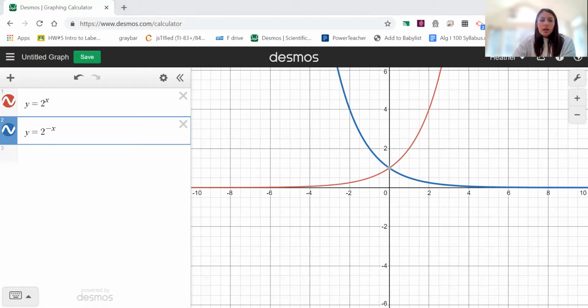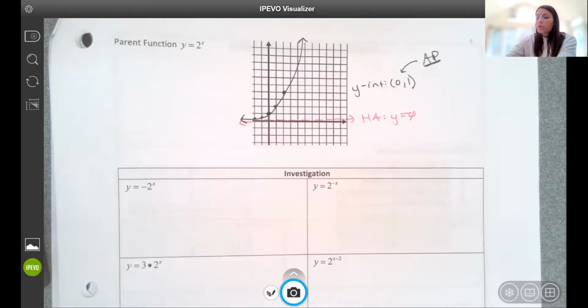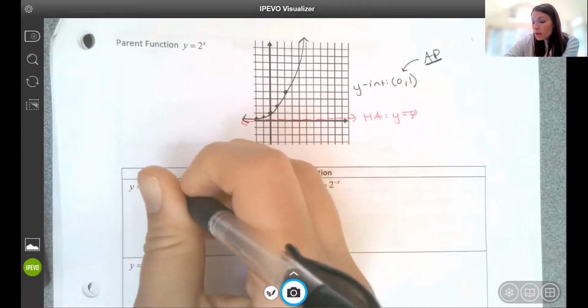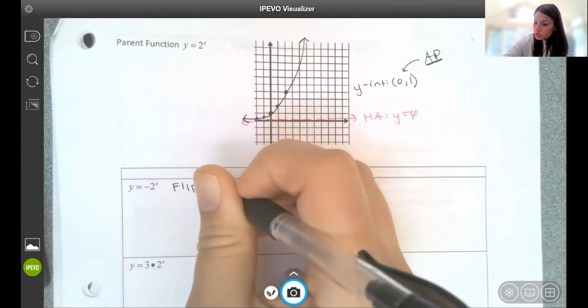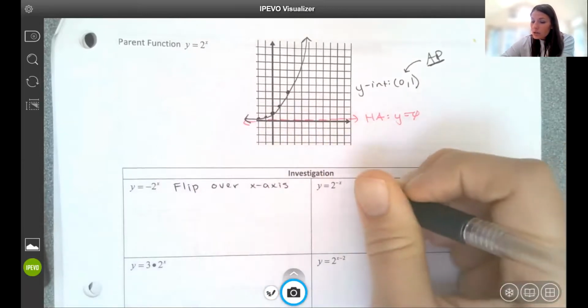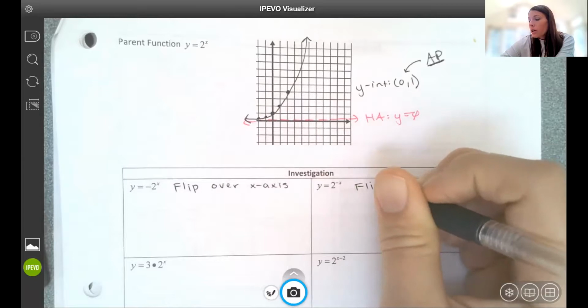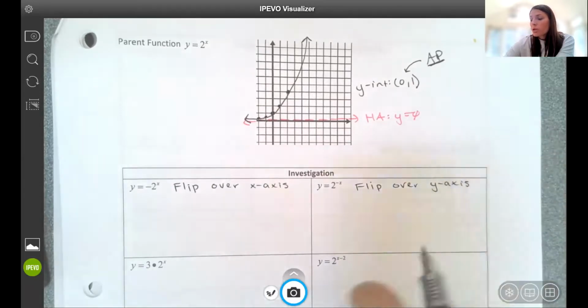So going back to my notes here, let's write what we observed for these first two. So here, this flipped over the x-axis versus here, it flipped over the y-axis. Okay, that's what we observed.